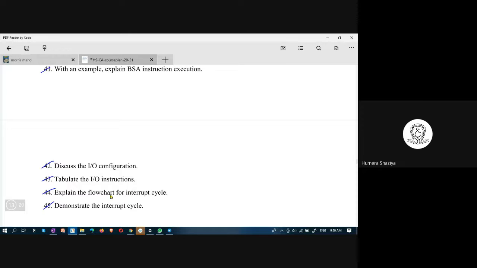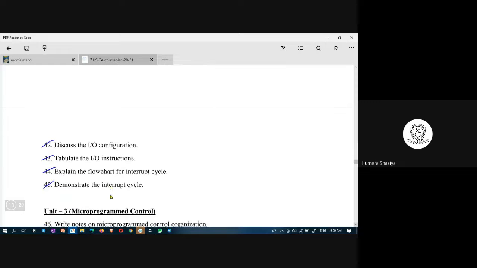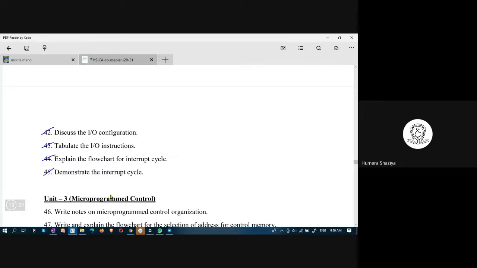So everything is done. You just have to write important points and make the notes. Your first internal syllabus would be Unit 1 and Unit 2. Next week on Wednesday, I would begin Unit 3, microprogrammed control.